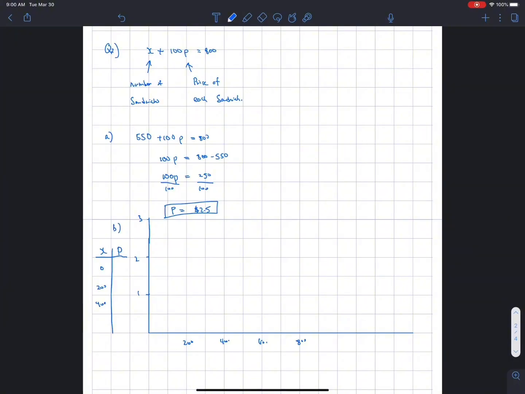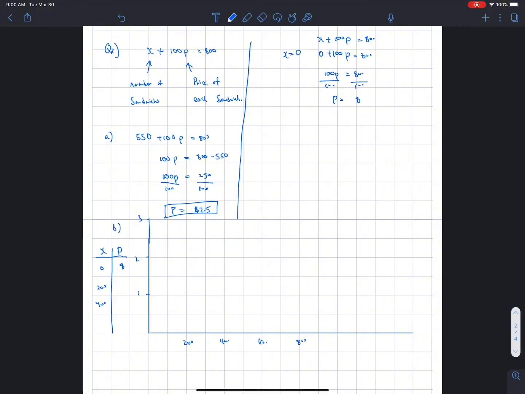So maybe I can just do the calculation here. When x is 0, I get 0 plus 100p equals 800. We're still using the same equation, x plus 100p equals 800. So I get 100p equals 800, divide both sides by 100, we get p equals 8.